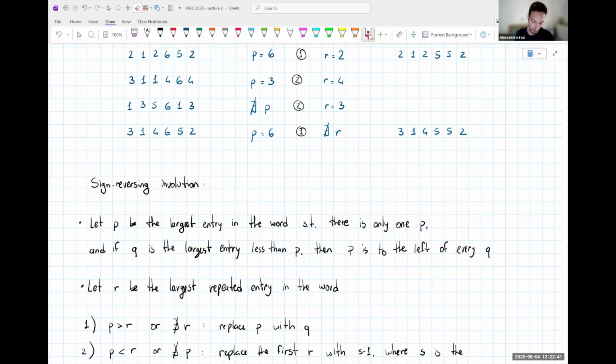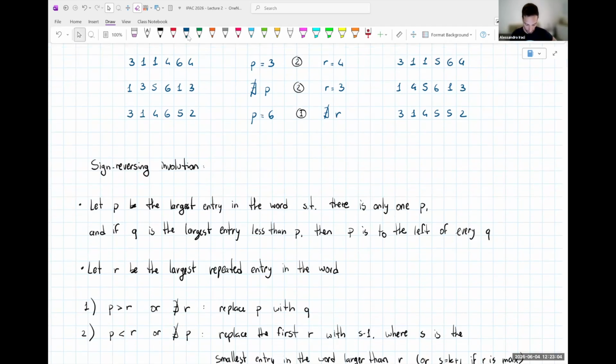And we replace the first 4 with that thing minus 1. So in this case, we get 3, 1, 1, 5, 6, 4. And here we get 4, 5, 6, 1, 3.